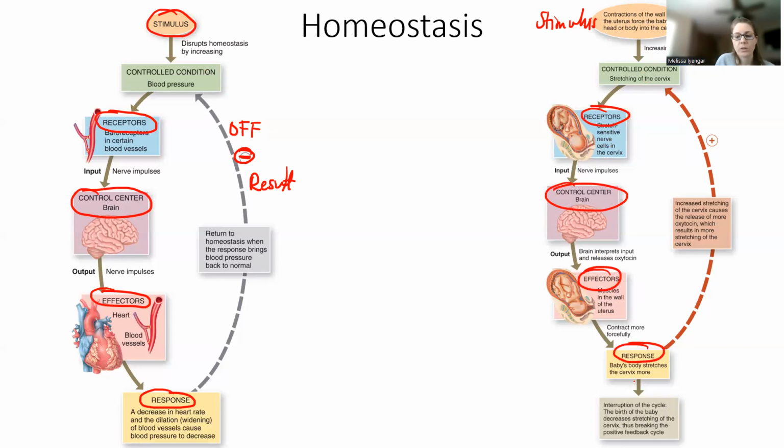The response here, though, is that it's going to go right back up, and our receptors are going to sense more stuff happening. Okay. And what you see is they did that on the other side. Here, I have a plus arrow. So this is my result.